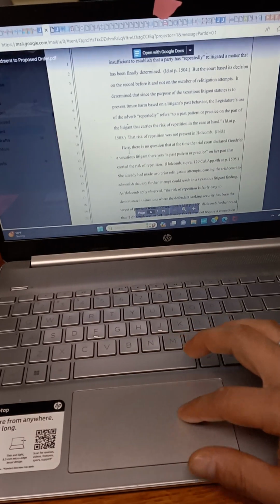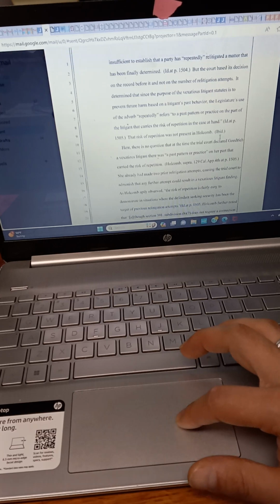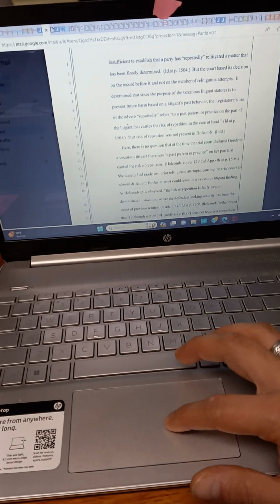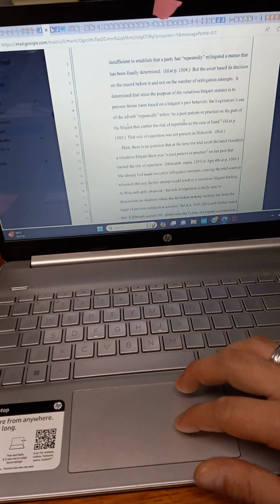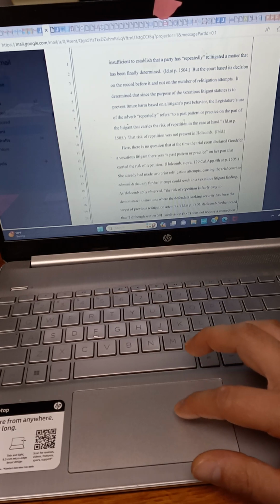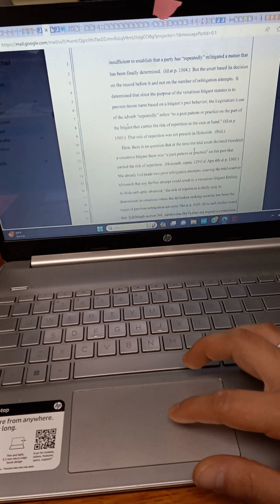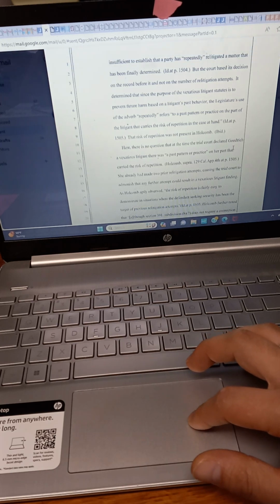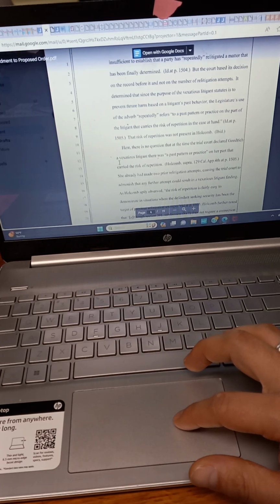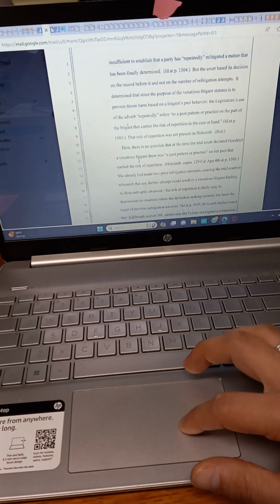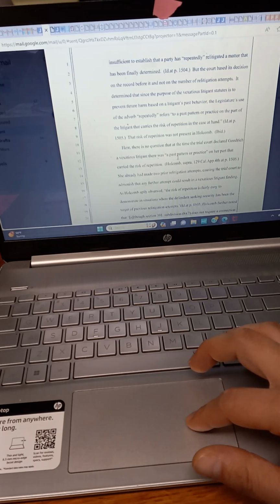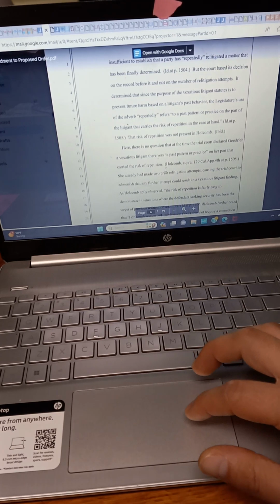So if we didn't reach the level of Holcomb, how can you reach the level of Goodrich? Here, there is no question that at the time the trial court declared Goodrich a vexatious litigant, there was a past pattern or practice on her part that carried the risk of repetition.